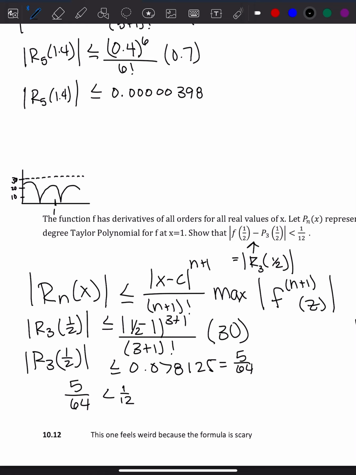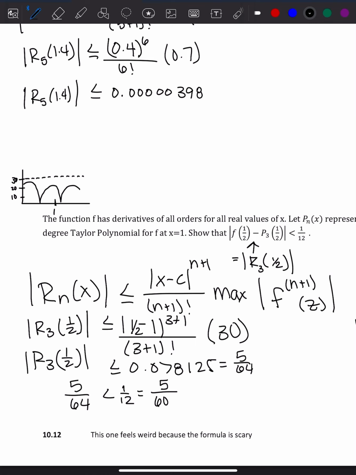If it's less than 64, then we have shown it. So if I multiply 1/12 by 5, we get 5 over 5 times 12 is 60. 5/60 is going to be bigger than 5/64 because we're dividing 5 up into less pieces, so we know that we are good to go.